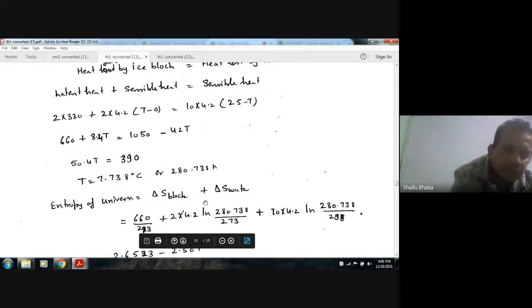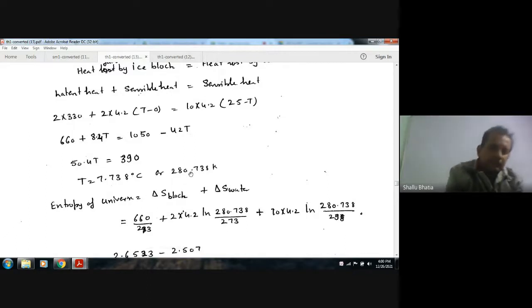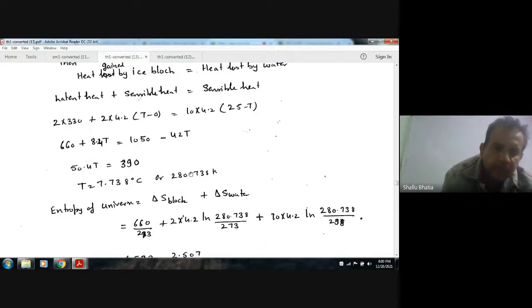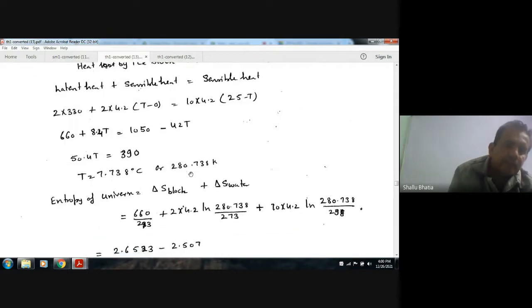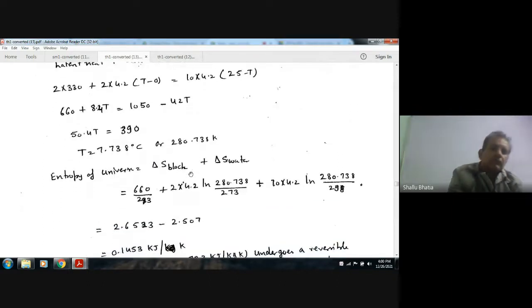So putting these values, we can find out T. It is 7.738 degrees Celsius, or 280.738 Kelvin. Now heat is lost by the water, so its entropy will decrease, and heat is gained by the block, and its entropy will increase.